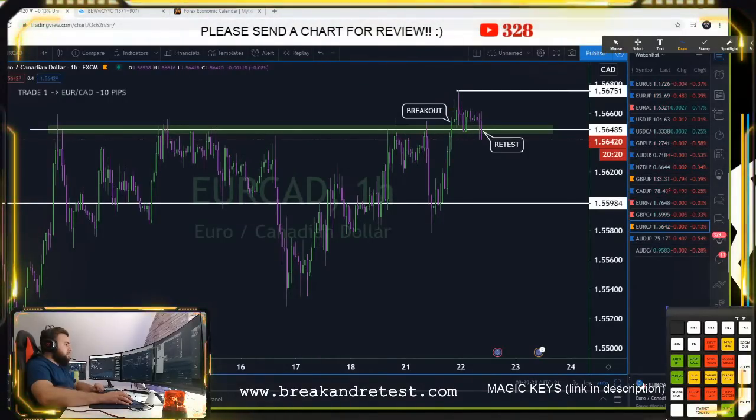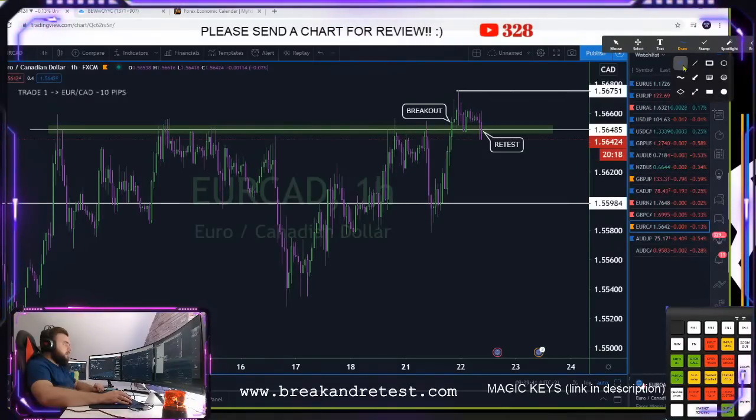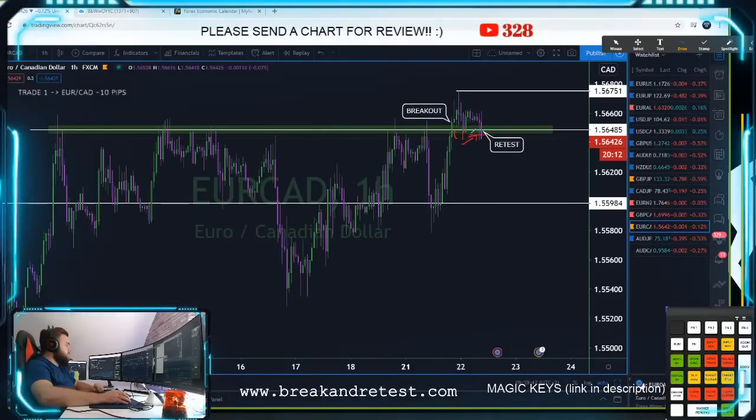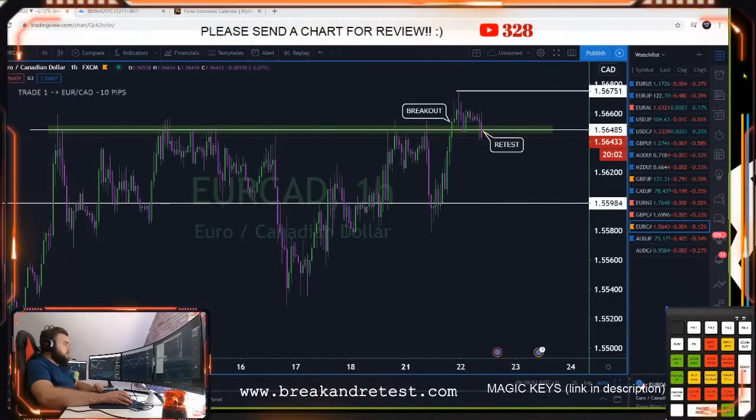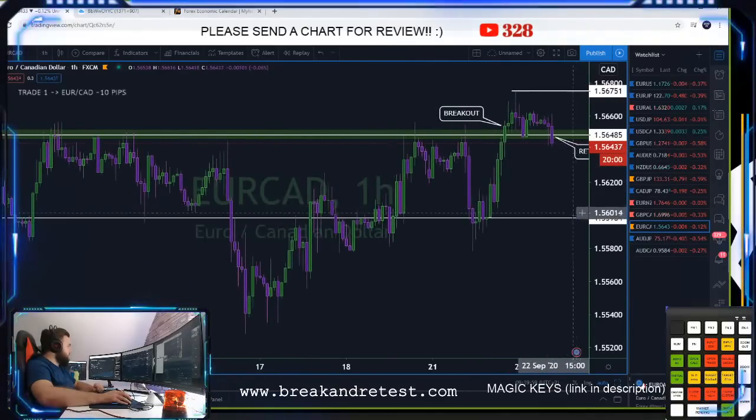Why did this fail? Because we were also late. It was the third retest. First and second were missed, even the third, because if we were entering here, we would have had more than 10 pips, 17 also. It went more than 17, 18 pips. So yeah, looks like I was wrong on this one.